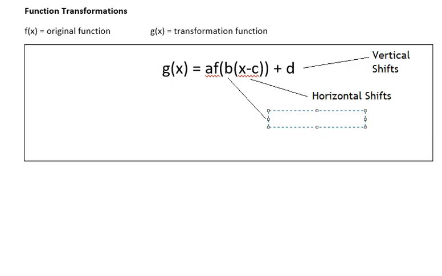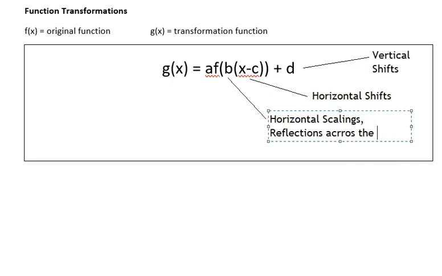So this could be horizontal scalings. Any horizontal scalings would change what B represents, and also reflections across the y-axis would change B. If we're reflecting across the y-axis, B would be multiplied by -1.